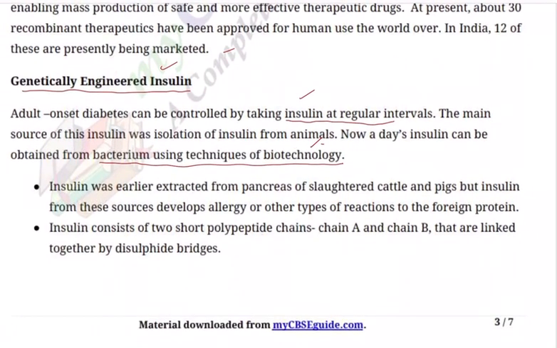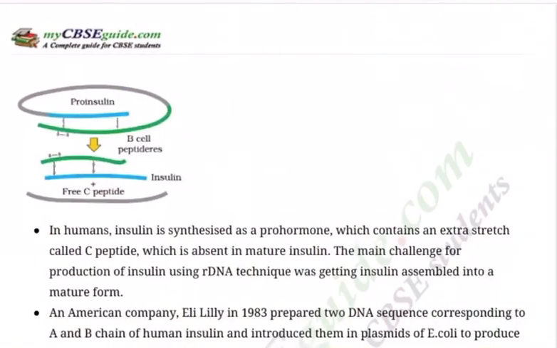Insulin was earlier extracted from the pancreas of slaughtered cattle and pigs. But insulin from these sources developed allergy or other types of reactions to the foreign protein. Insulin consists of two short polypeptide chains, chain A and chain B, and these are interlinked together by disulfide bridges, like this.